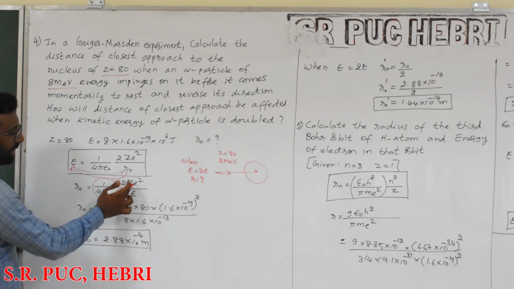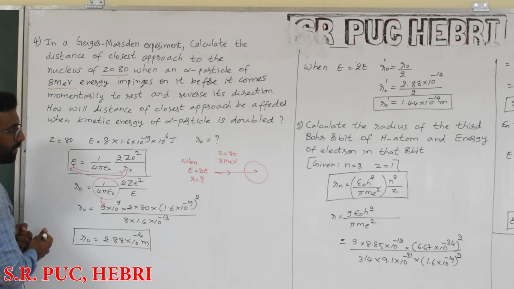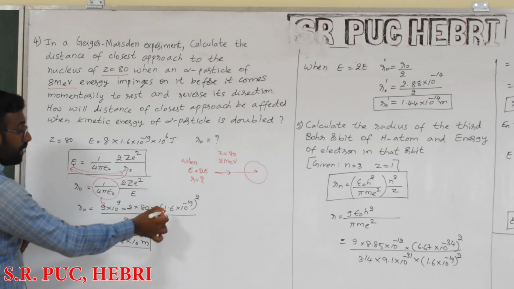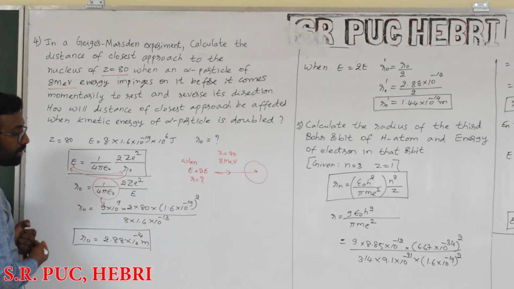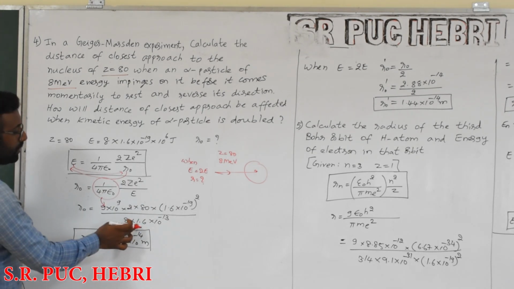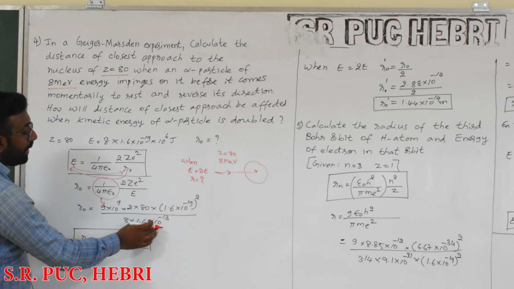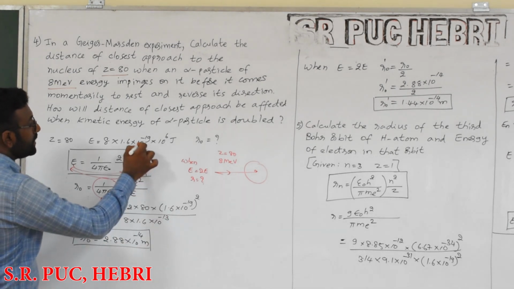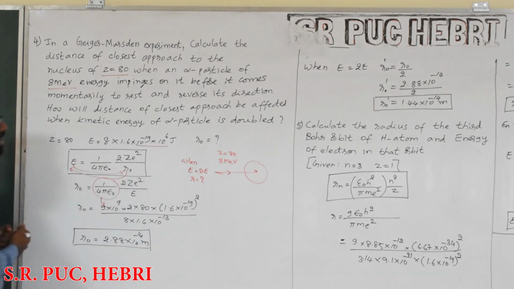2 multiplied by 80, the atomic number of the nucleus. Then the E value is known, 1.6 into 10 to the power minus 19, squared, divided by the energy, 8 into 1.6 into 10 to the power minus 13. Why? Because 10 to the power minus 19 and 10 to the power 6.